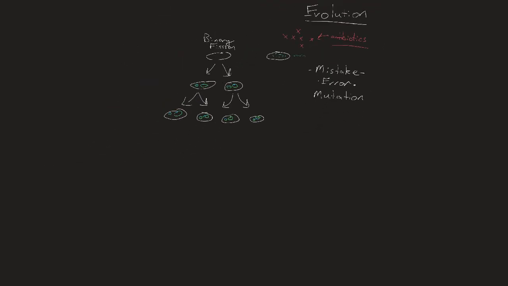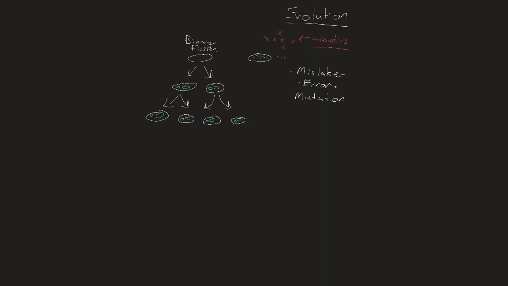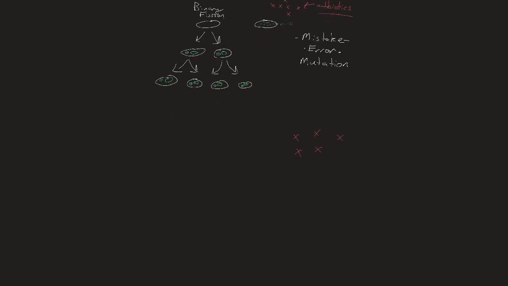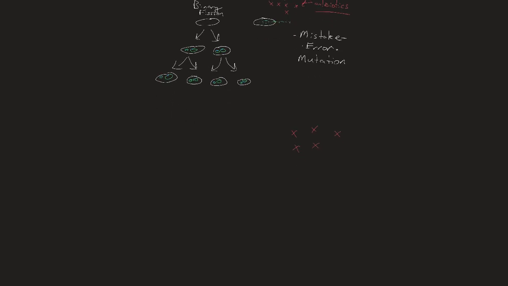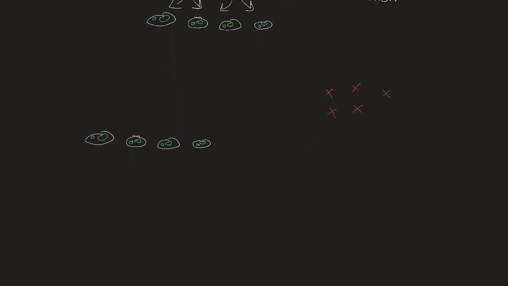So that's the background that you're looking at. You're looking at these antibiotics that destroy the bacteria, that kill the bacteria. You have these cells that do binary fission, so they duplicate by splitting.